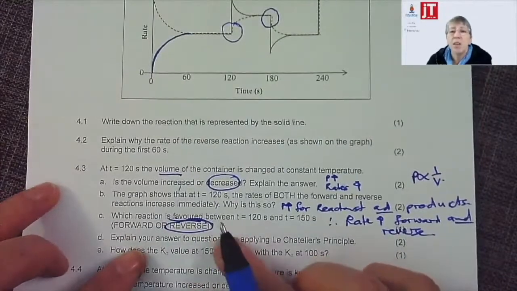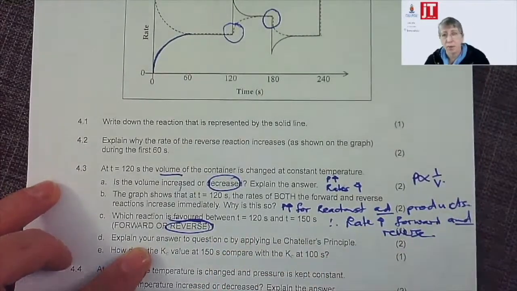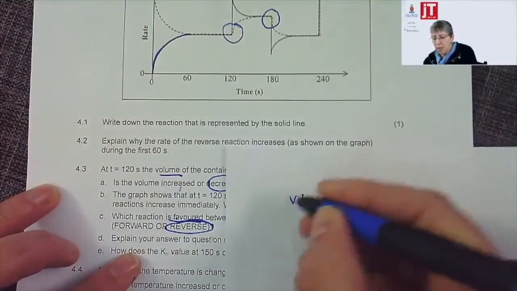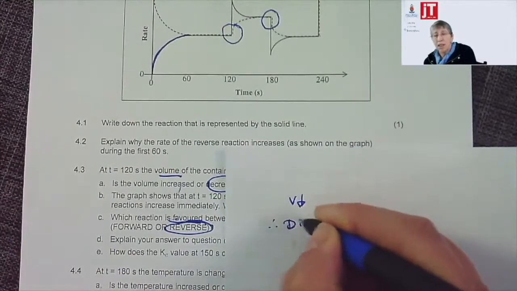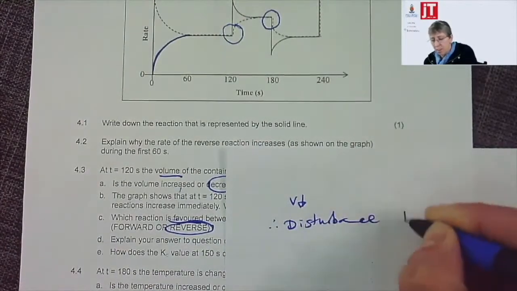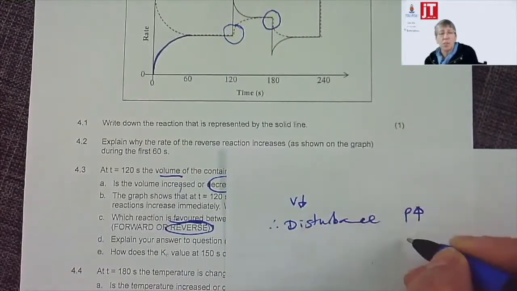Now explain why it's got a higher rate by applying Le Chatelier's principle. Right, let's do that. So the volume was decreased, and immediately what is my disturbance? The fact that the pressure is increased. If the volume is decreased, pressure is increased.